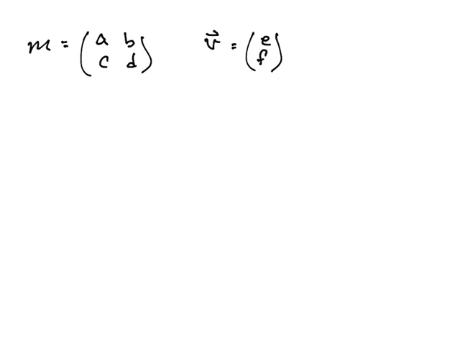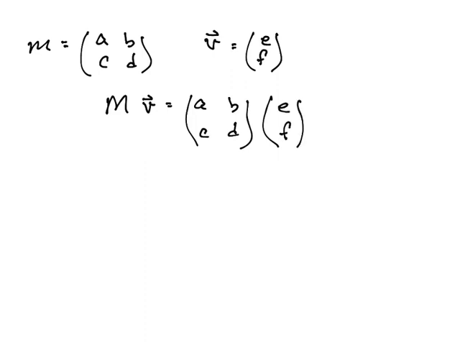And what I'd like to do is multiply these two things. So we would say the matrix times the vector. And we want to know how to do this. Well, let's go ahead and write down what this looks like. We have A, B, C, D times the vector E, F.